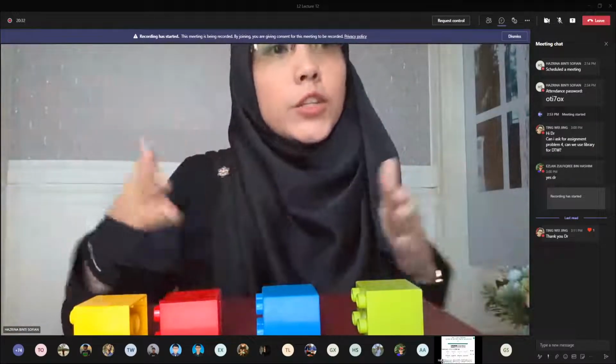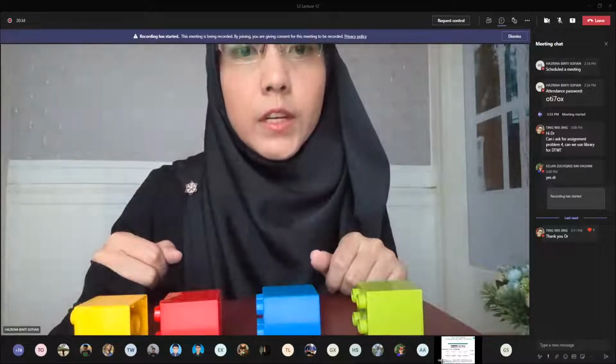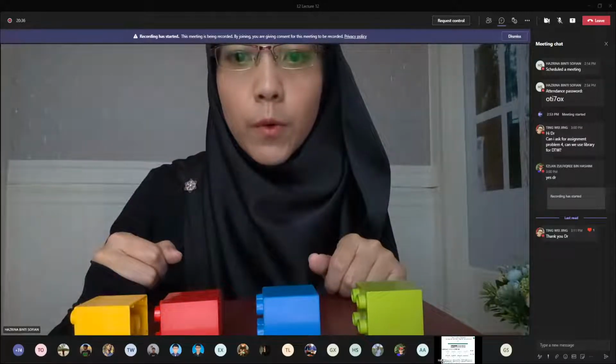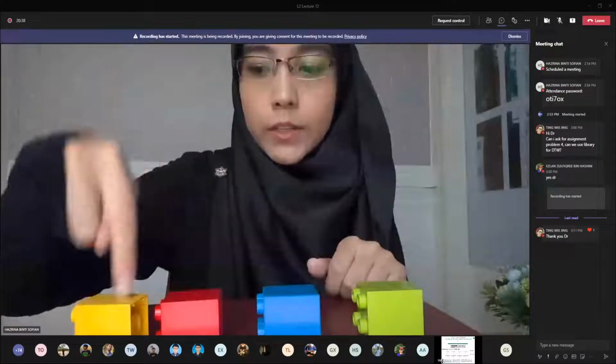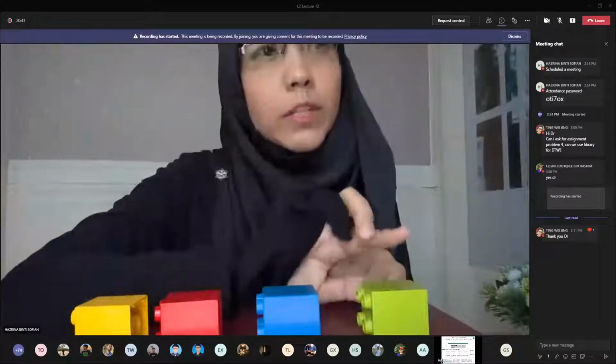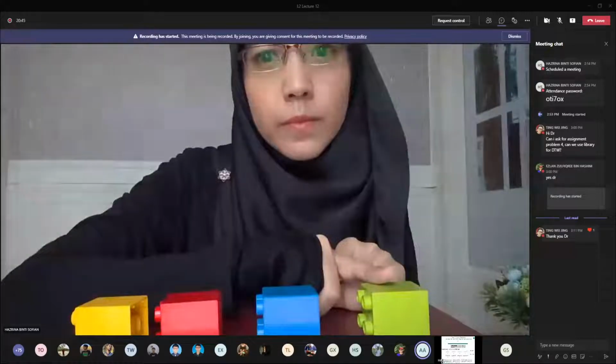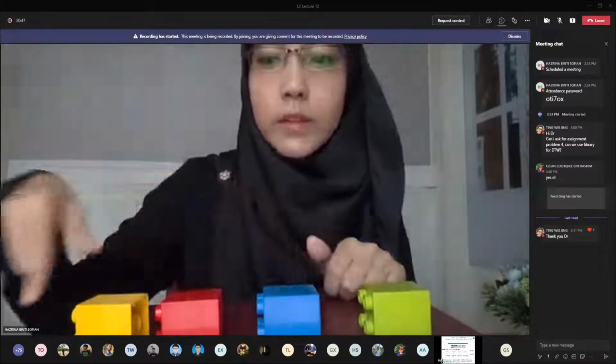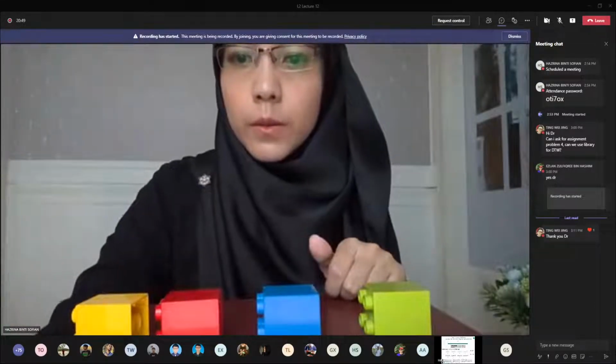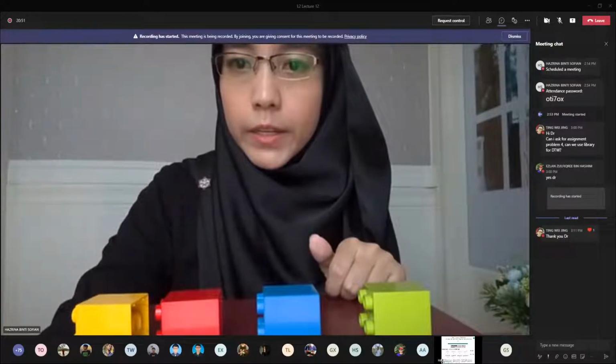Okay, so each of these will have a different value. For example, 1 inch, 1 inch, 1 inch, and 1 inch. For 1 inch, how much can we sell this? RM1, 1 ringgit. So we can sell this for 4 ringgits. So that's how we get the H.